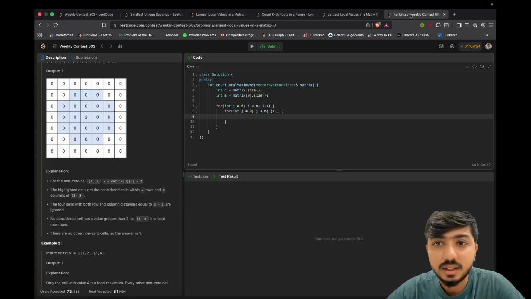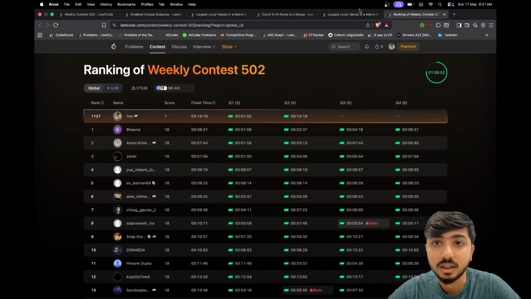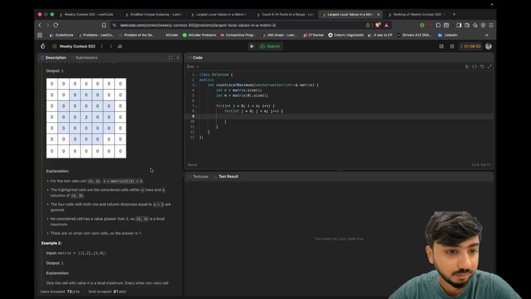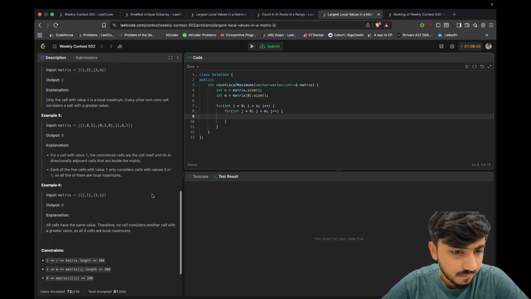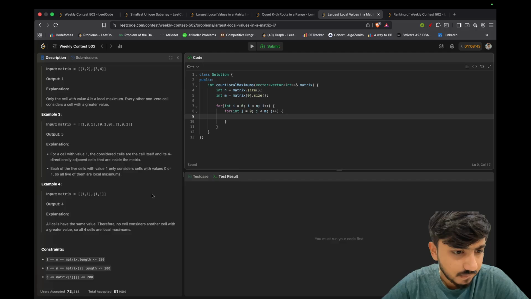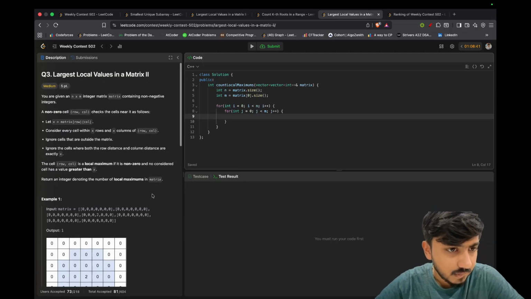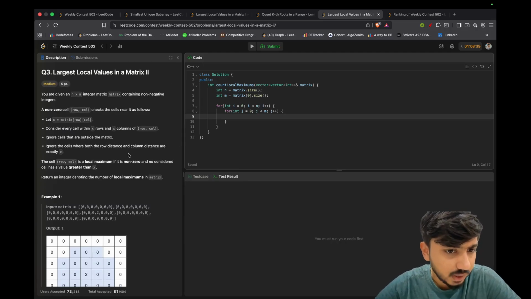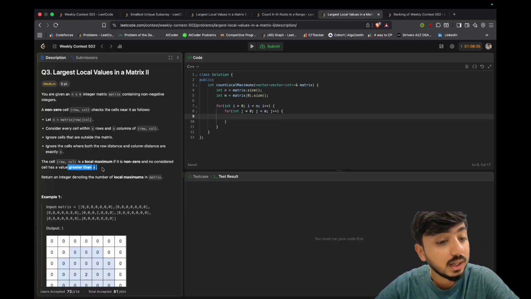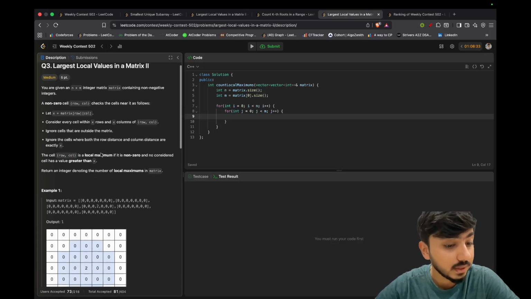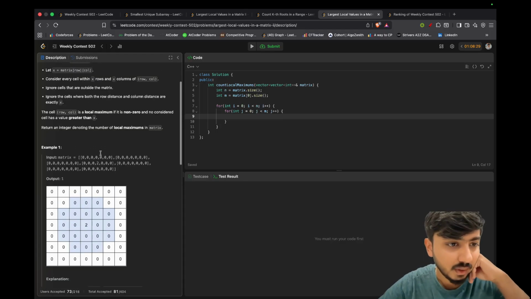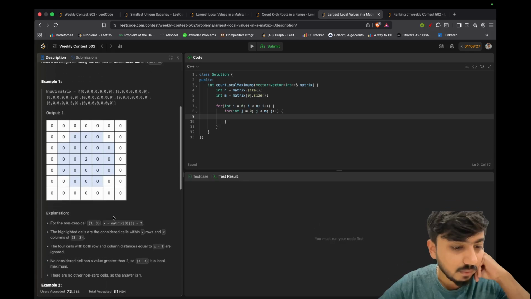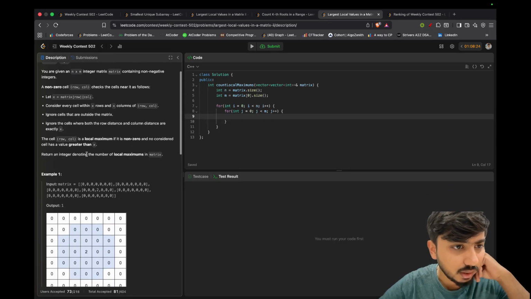See, unless we are getting a wrong answer, that means we are going good. Oh, same. A local maximum has no cell with a value greater than x. Okay, if it's the same value, then also it's not an issue. Okay, but how this pattern is forming, that is what is concerning here.